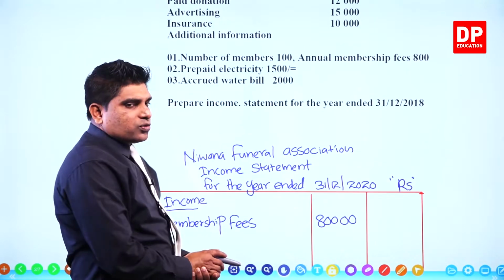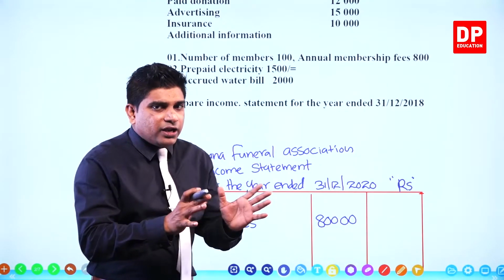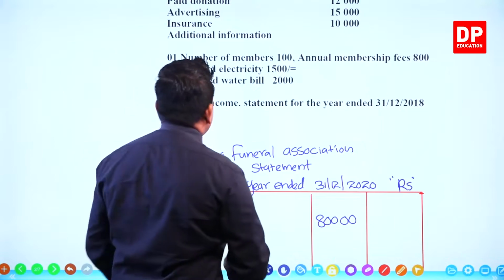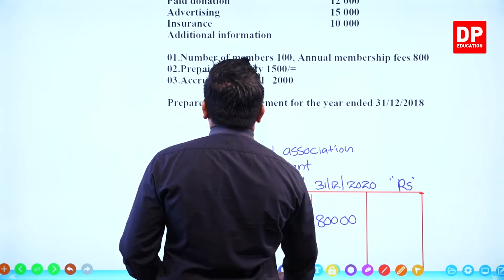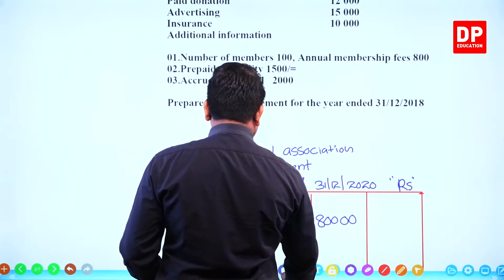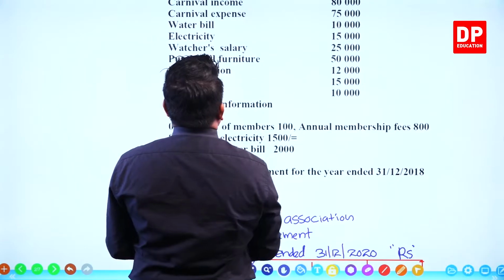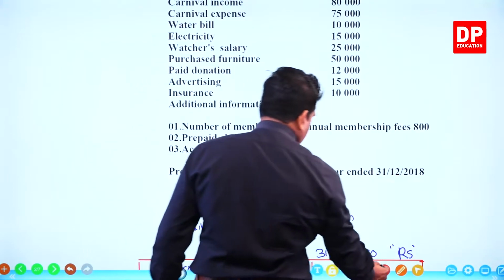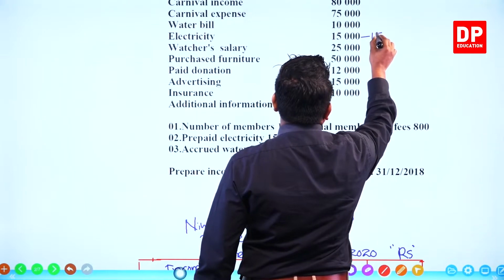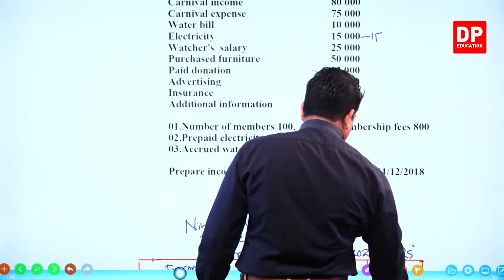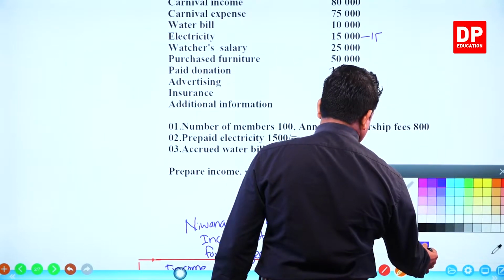Next, prepaid electricity 1,500. If it is accrued, you have to add, but prepaid you have to subtract 1,500. Electricity, how much is the value given? Electricity given 15,000. 15,000 minus 1,500, how much?